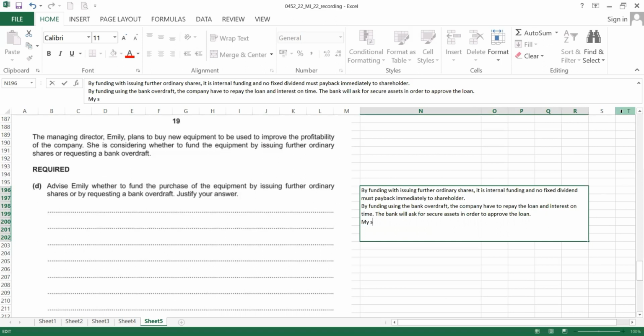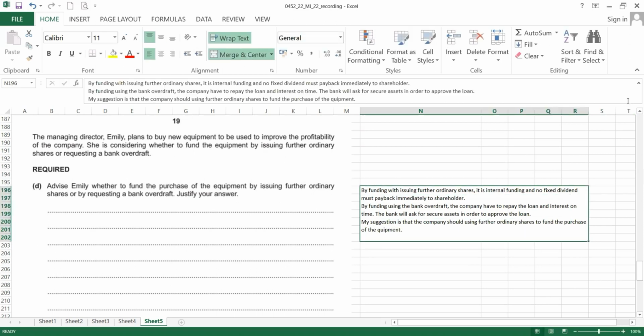My suggestion is that the company should use further ordinary share to fund the purchase of the equipment. Okay.